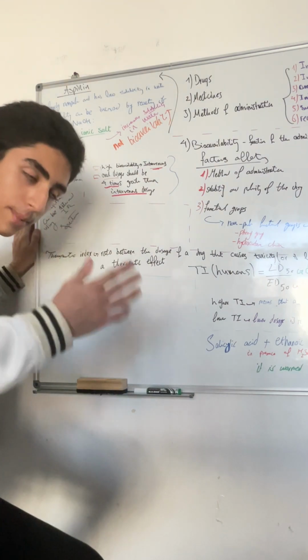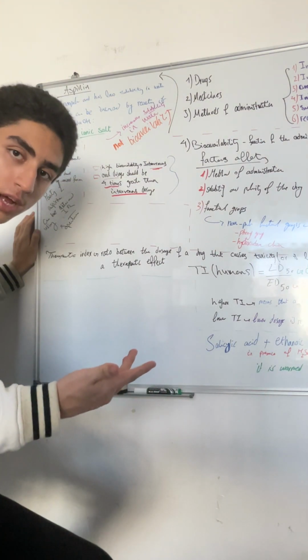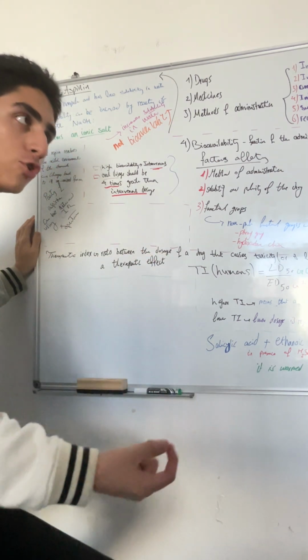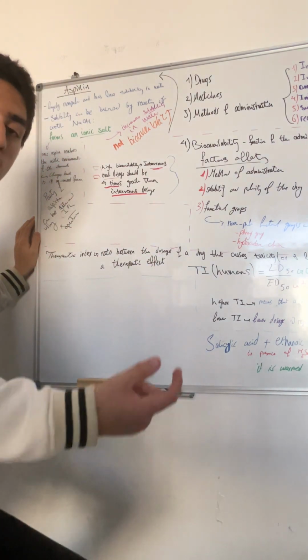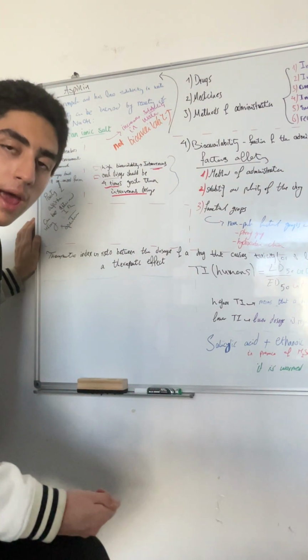So let's say we react aspirin with NaOH, and then you give a human being or an animal, whatever, that ionic salt containing aspirin and NaOH.